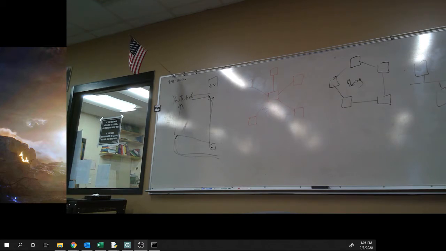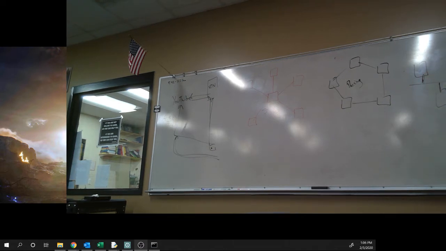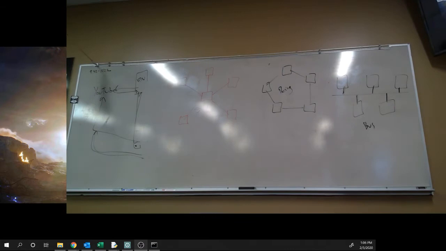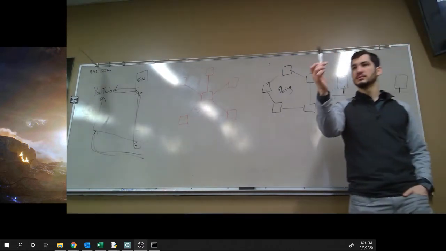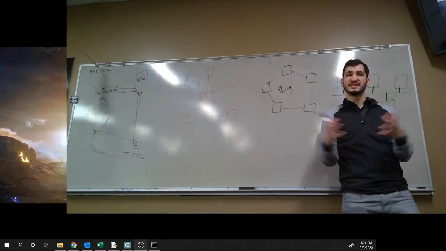This still has to use a form of token, so they have a logical way of doing it. This one can actually physically go around in a circle, but this one has to do it logically. Physical is like this pen, a physical connection, a physical network.